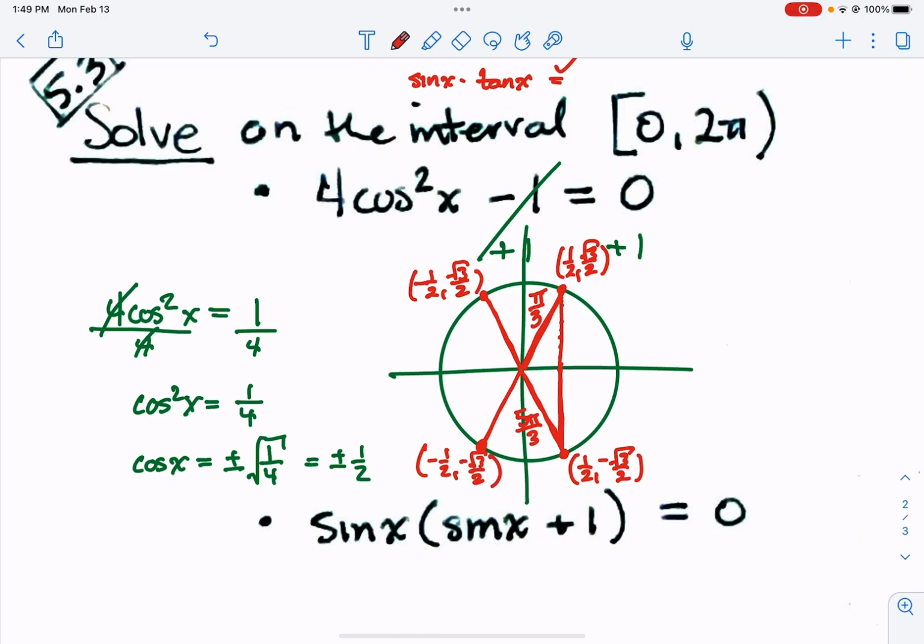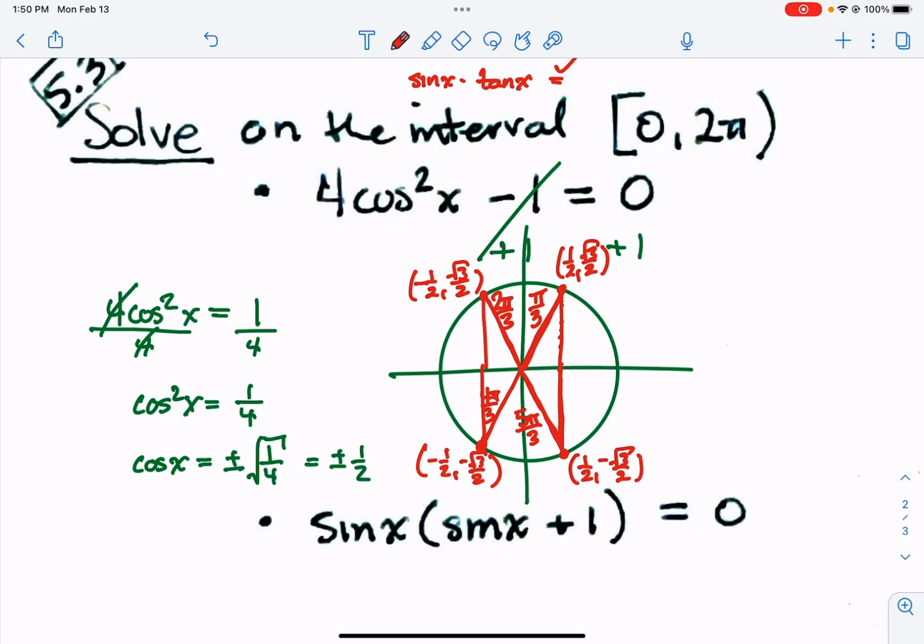We don't care about the root 3 over 2 because that's sine, not cosine. So the point is, these are the only 4 spots on my entire unit circle where cosine is equal to positive 1/2 or negative 1/2. These other 2 angles are 2 pi over 3, and this one down here is 4 pi over 3.